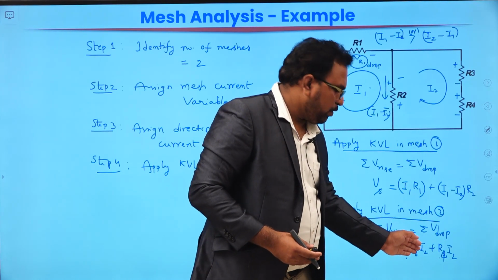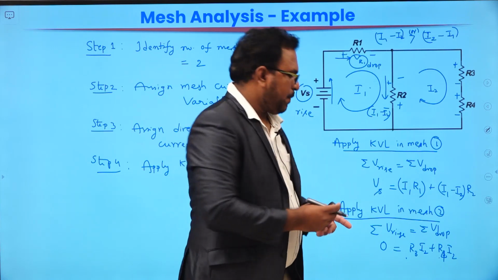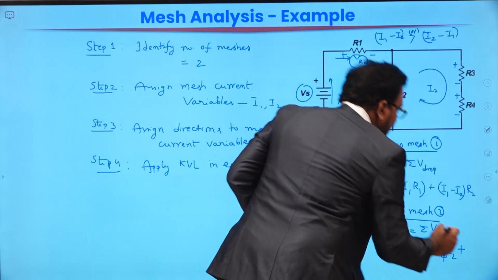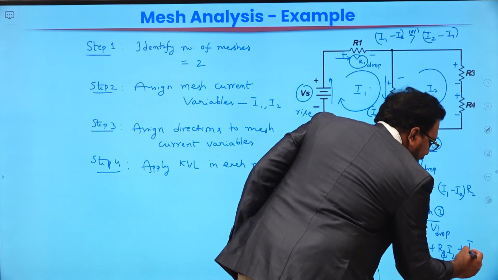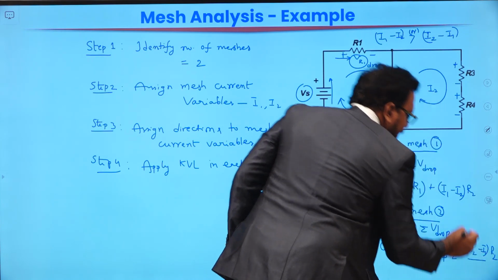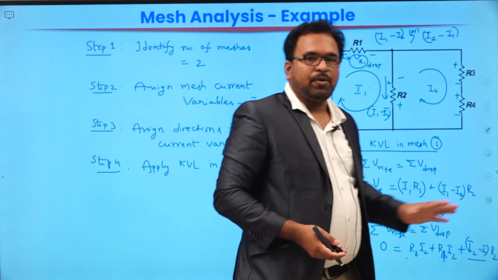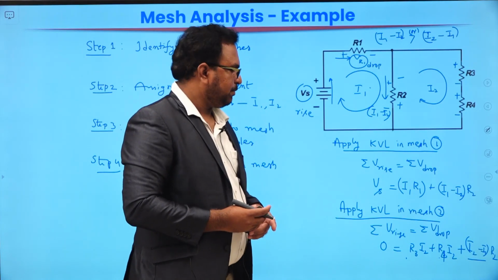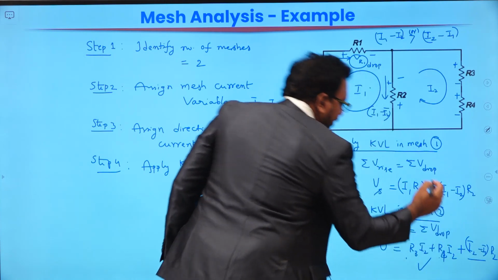R3 into I2 is the voltage across R3, and R4 into I2 is the voltage across R4. Now what is the voltage across R2? The voltage across R2 is I2 minus I1 into R2. Here I2 is the dominant current, that's why I2 minus I1 into R2 is the voltage we consider. So this is the first equation, and this is the second equation we got.